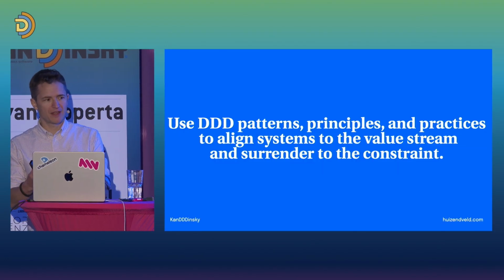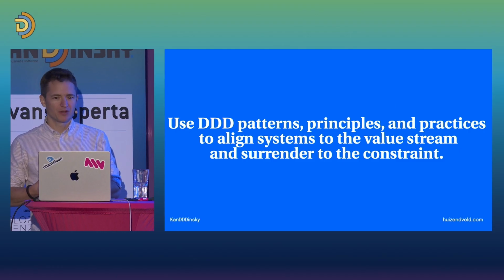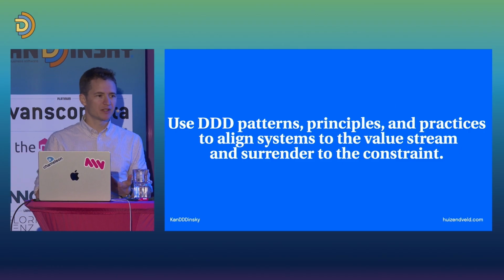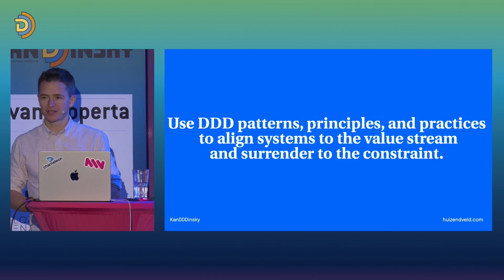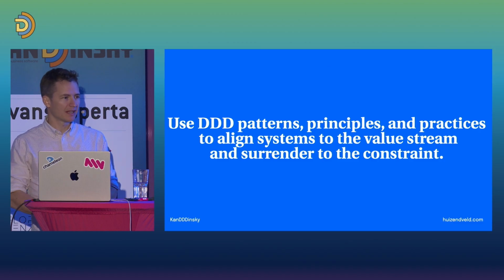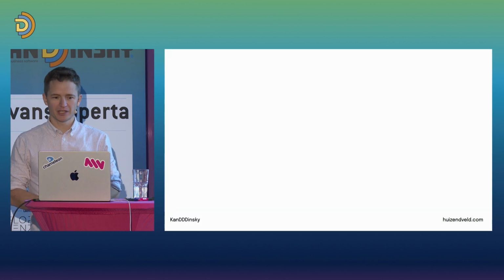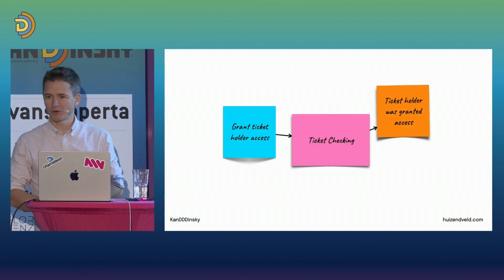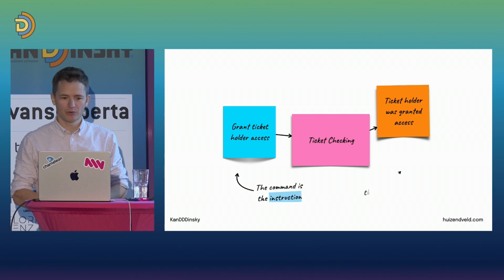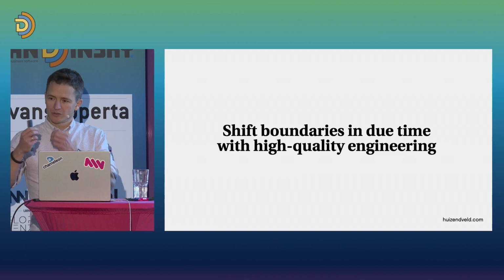So when we have that, that is the moment when we can say, all right, we would like to use the domain-driven design patterns, principles, and practices to align the systems to the value stream and to surrender to the constraint, right? And we can do that by hiding problems behind abstractions initially, whether we do that in models, with sticky notes when we're doing event storming, for example, or using other techniques.